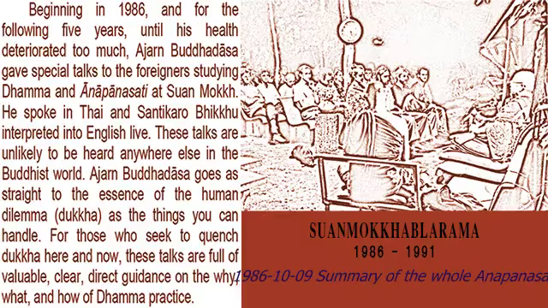The next benefit of Anapanasati is that we will have the triple gem of Buddhism, or the three refuges of Buddhism. The triple gem is the Buddha, the Dhamma, and the Sangha.